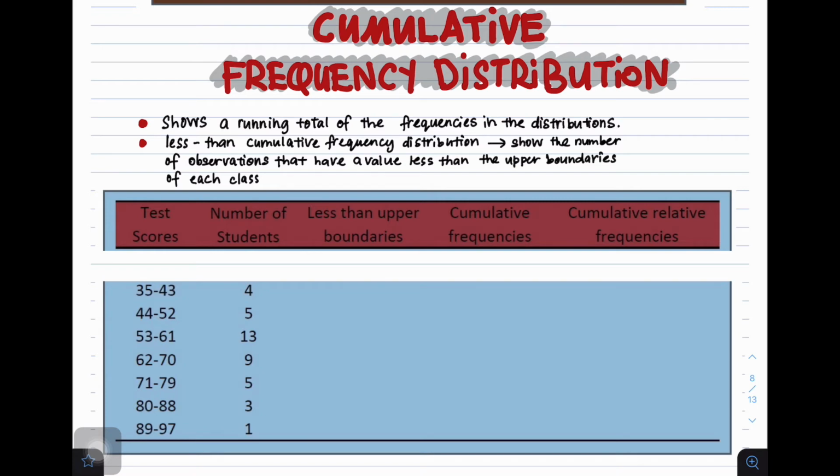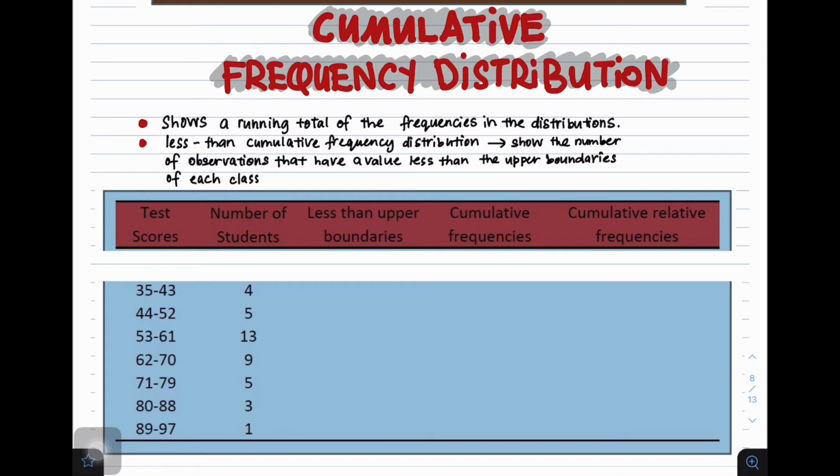Cumulative means accumulated. So we will put the cumulative frequency for each class, and in our case we will consider the less than cumulative frequency distribution, using the upper boundaries to read our cumulative frequency distribution table. It shows the number of observations that have a value less than the upper boundary of each class. I will explain shortly.